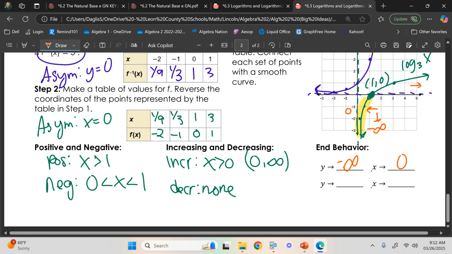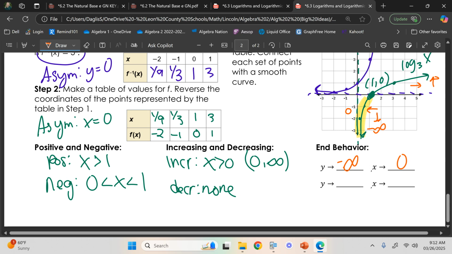All right, on my right side, we are going up. Is anything stopping my graph from going to the right? Is anything stopping it from going up? No. My asymptote is the y-axis. So my only restriction is I can't have negative x's.